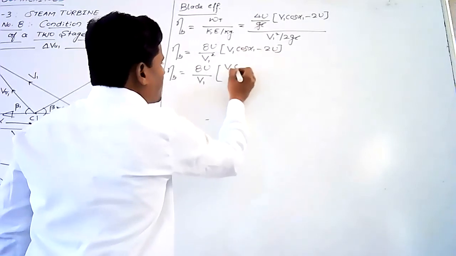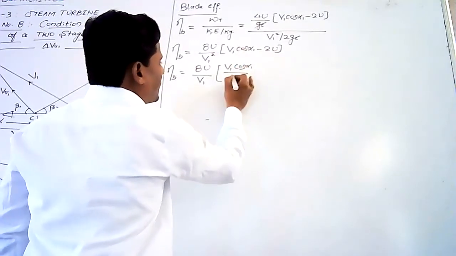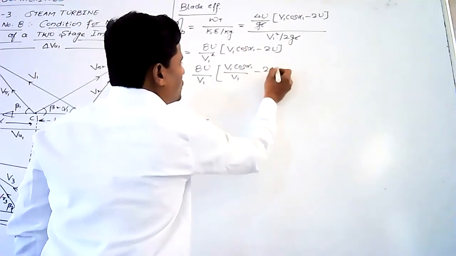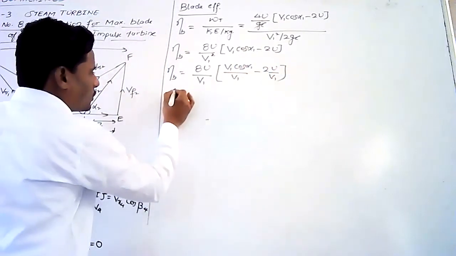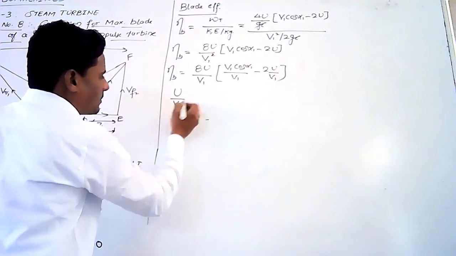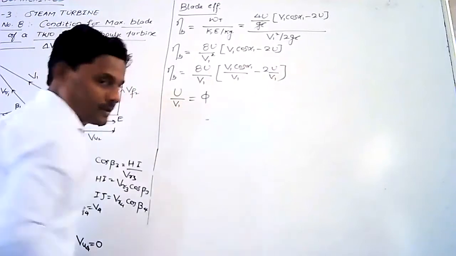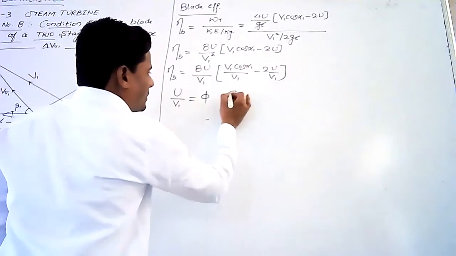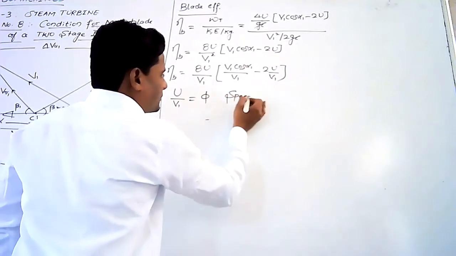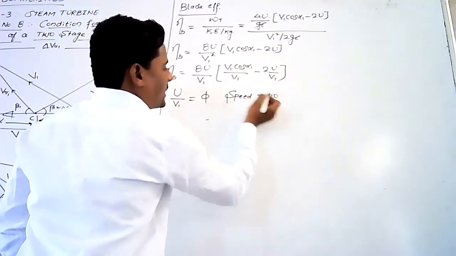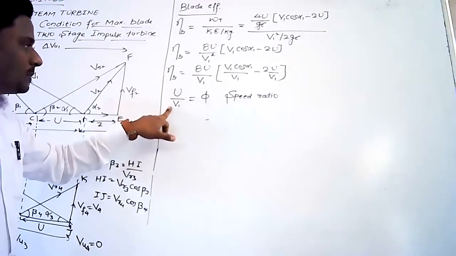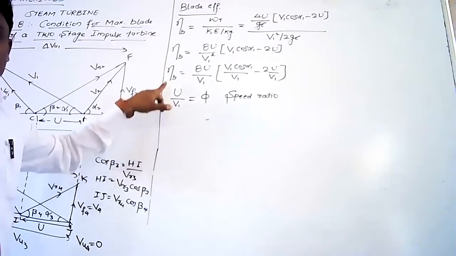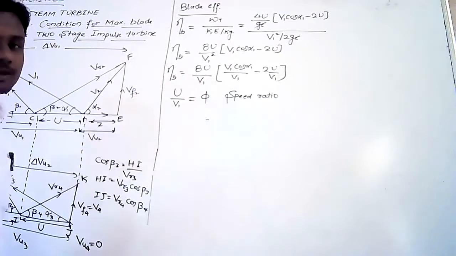So V1 cos alpha 1 by V1 minus 2 times u by V1. We know that the ratio u by V1 is represented by the speed ratio phi, that is the tangential velocity of the runner divided by the absolute velocity of steam.